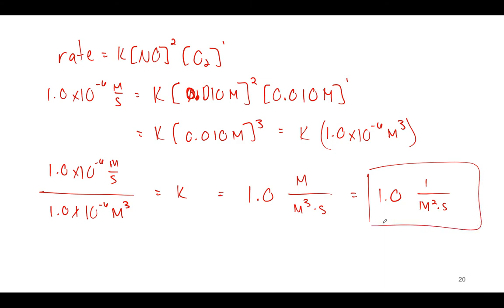Now again, these units are a little crazy looking, but the importance of these units is that they relate our concentrations on the right-hand side of the equation with the rate as measured in molar per second on the left-hand side.